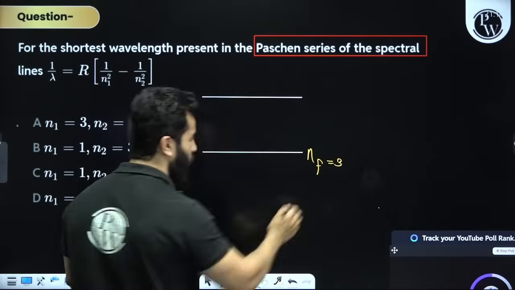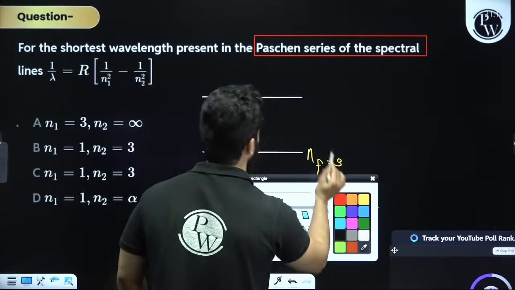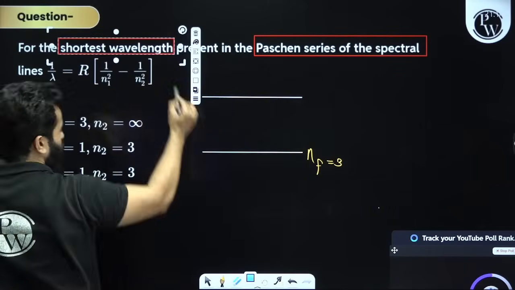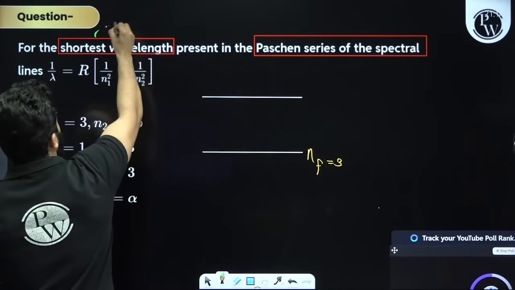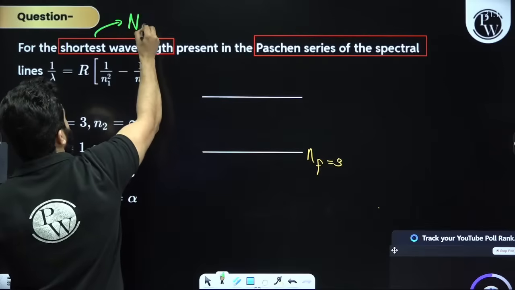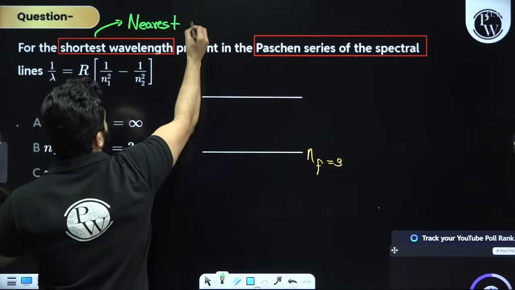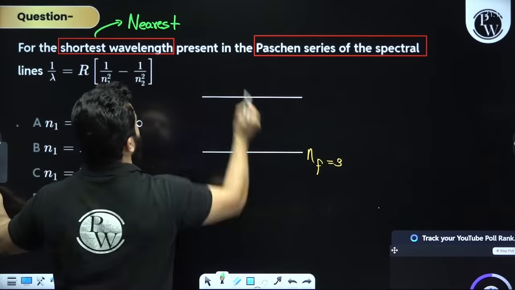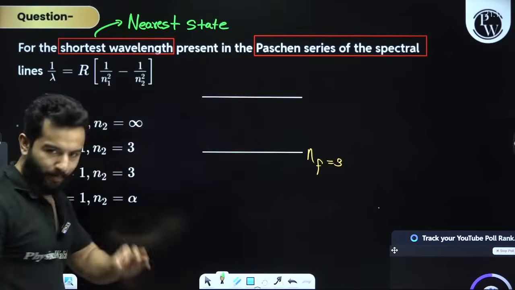I have told you this many times, just hear me out. Whenever they talk about shortest, the transition will come from the nearest state. Why so? Let me tell you.